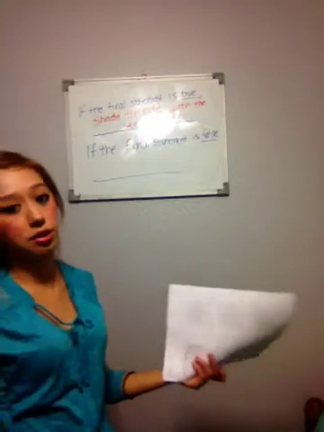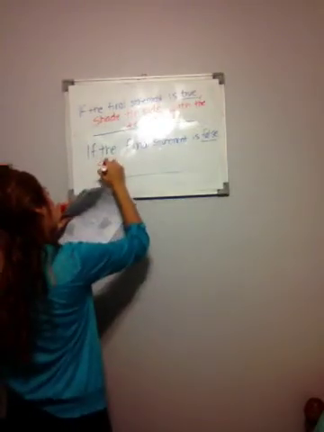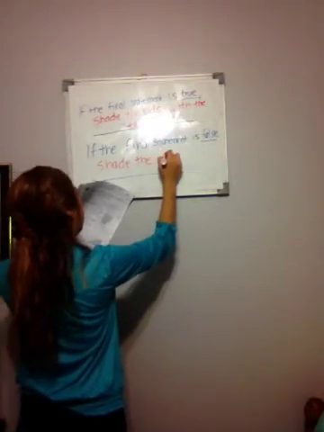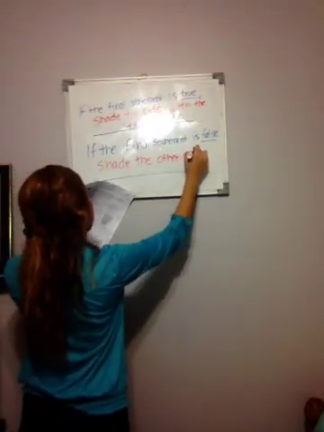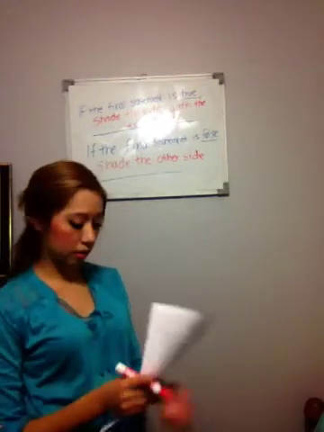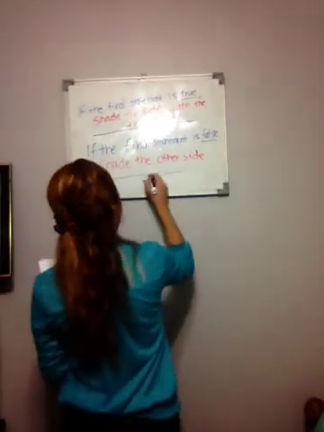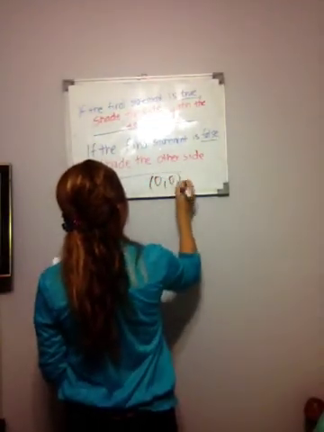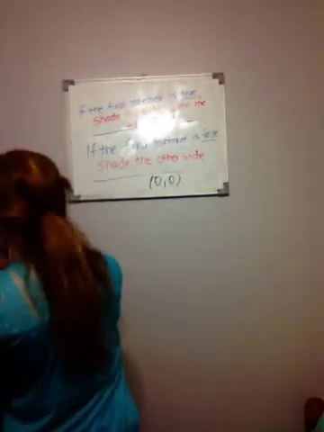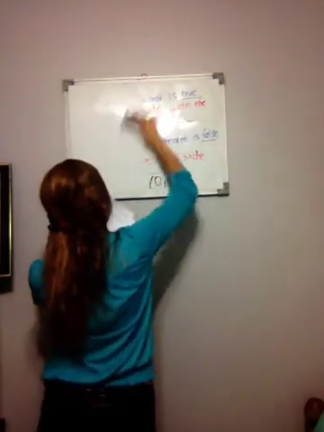So you shade the other side. There you go. So that's just a suggestion. You can use the point 0, 0 if you want. So let's start with the examples.